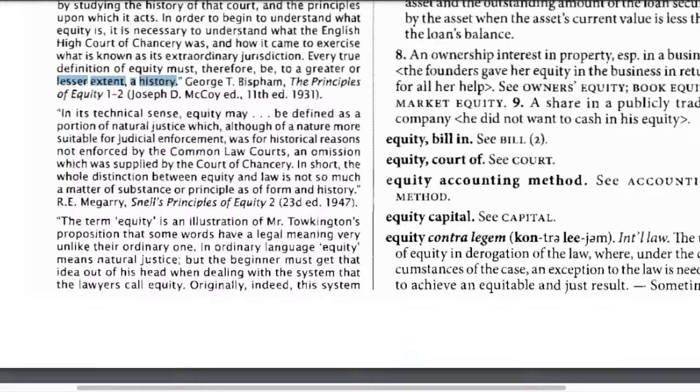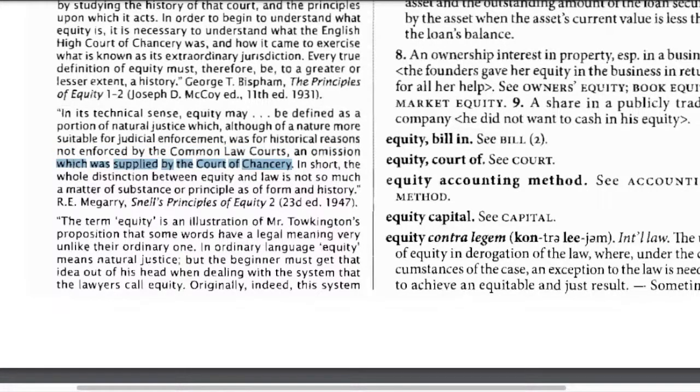Let's continue. In its technical sense, equity may be defined as a portion of natural justice, so not all of natural justice, but one portion of natural justice which, although of a nature more suitable for judicial enforcement, was for historical reasons not enforced by the common law courts, an omission which was supplied by the Court of Chancery.